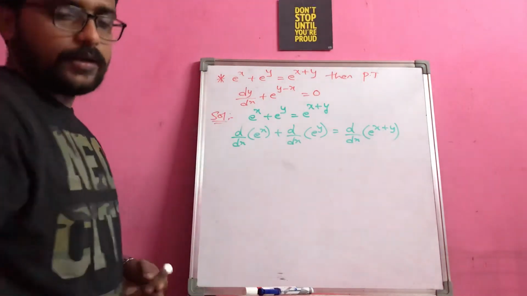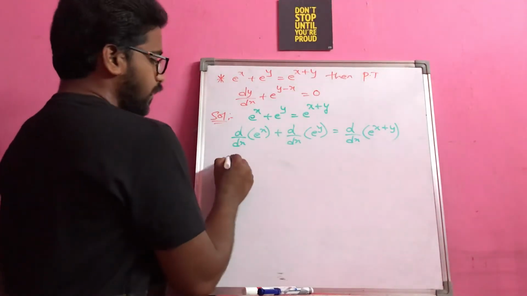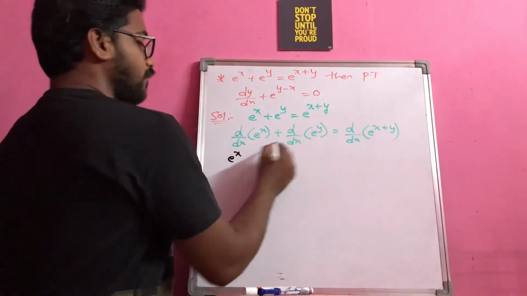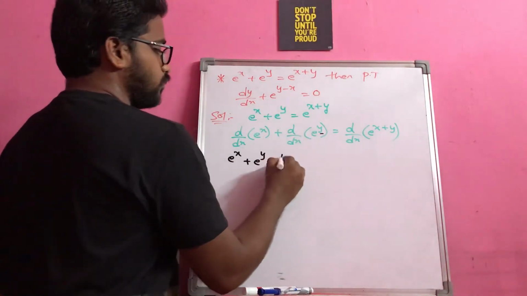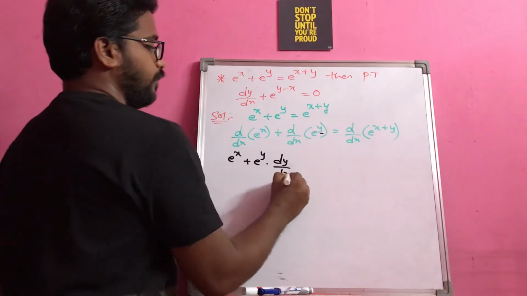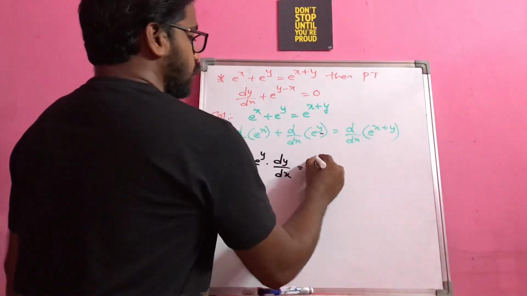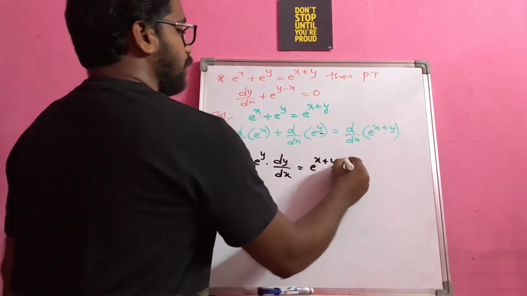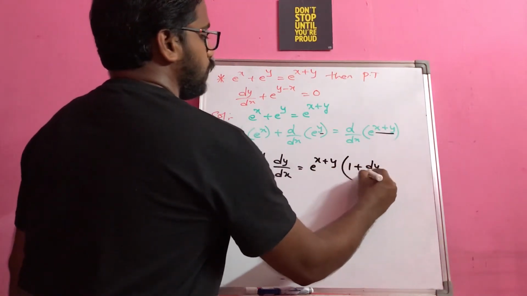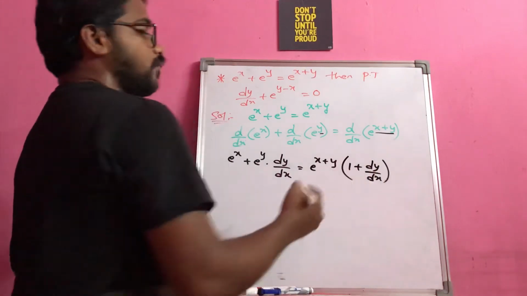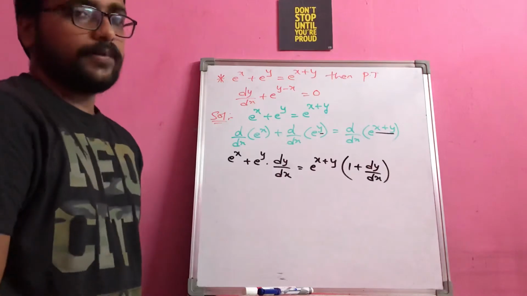Now see here, we learned in our previous class itself, exponential function differentiation is e power x itself. Even for e power y also, this is e power y, but this is not x, so you will be getting dy by dx. It is equal to, again this is also exponential function, so it will be the same, but this is not x. Inner differentiation for that will become dy by dx plus 1, because x derivative is 1 and y derivative is dy by dx.